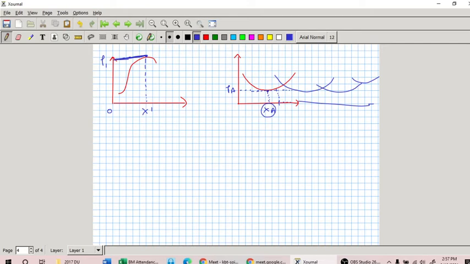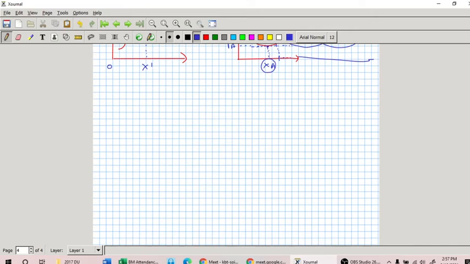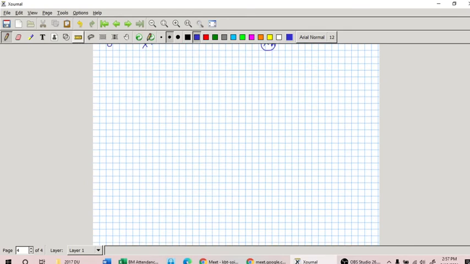How? So, technically speaking, let me maximize my graph again for you so that you can see the bigger picture. I hope you can see the screen.